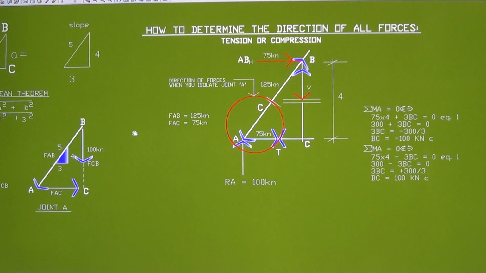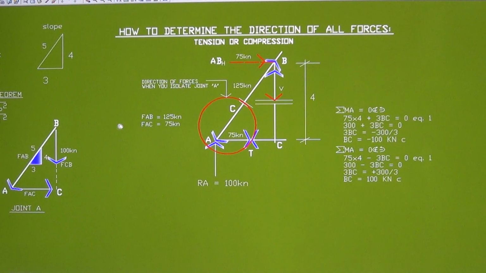Now, how to determine the direction of all forces, either tension or compression. To do that, you have to draw the diagram of the triangle ABC. Analyze your forces first: the reaction is going upward, and therefore this member here, AB, is going downward to oppose that and maintain static equilibrium.